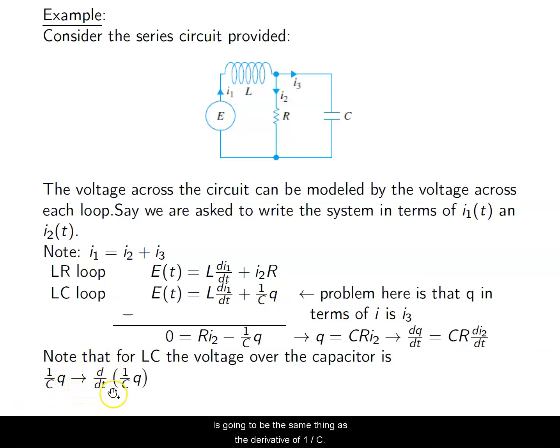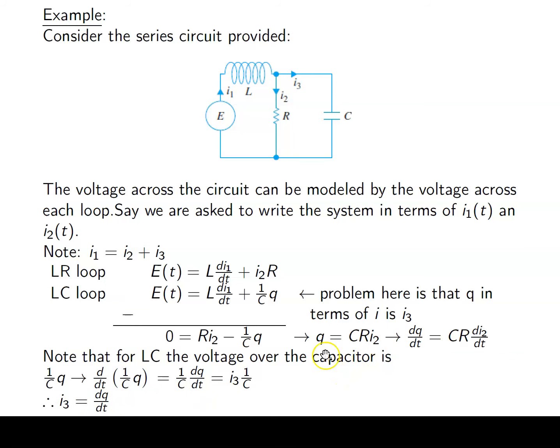I'm sorry, that's not going to be the same thing, but that implies this derivative is 1 over c dq dt. I know that this charge over c is I3, so I can replace this with I3 over c.